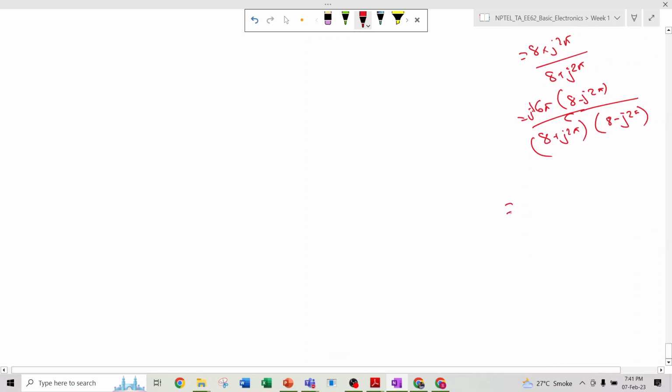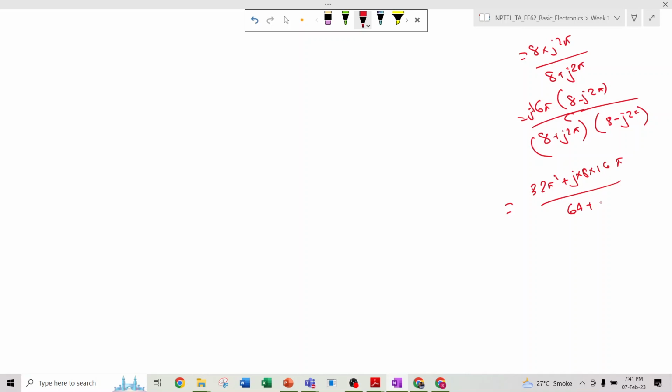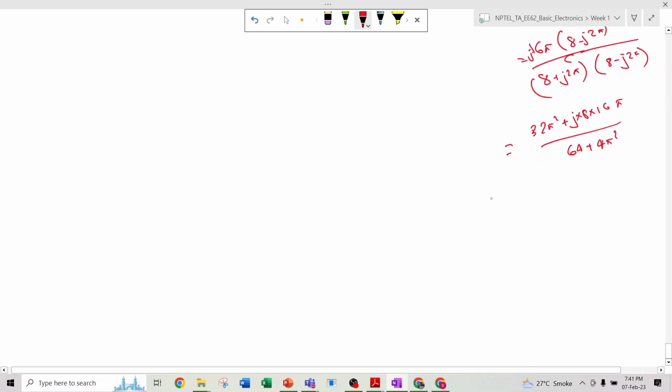So it will come around j 32 pi square plus j into 8 into 16 pi, and in the denominator it comes to 64 plus 4 pi square. Whatever, you should calculate it on your own, and it will come around 3.05 plus j 3.89.